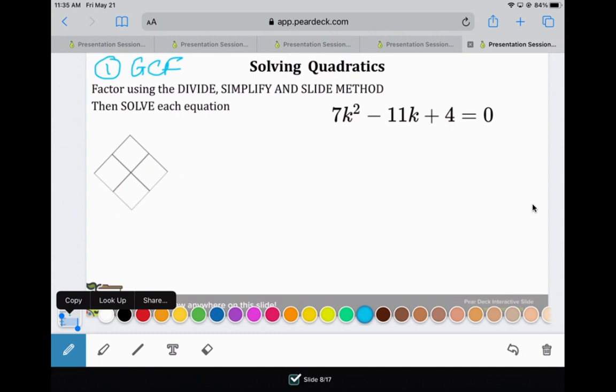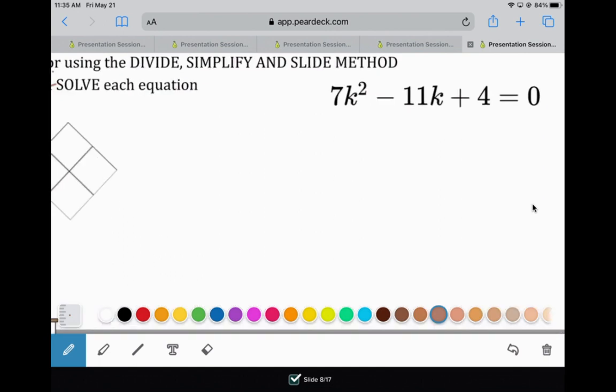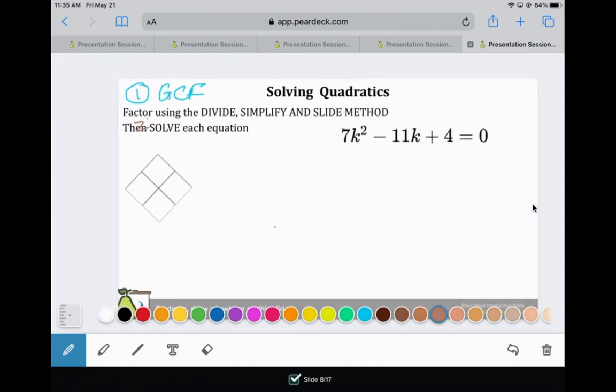In here, they don't have the common divider, so there's no GCF, so I'm going to move forward. Step 2, I'm going to ask you to look for the values A, B, and C. So we have A, B, and C, which is 7, negative 11, and 4.